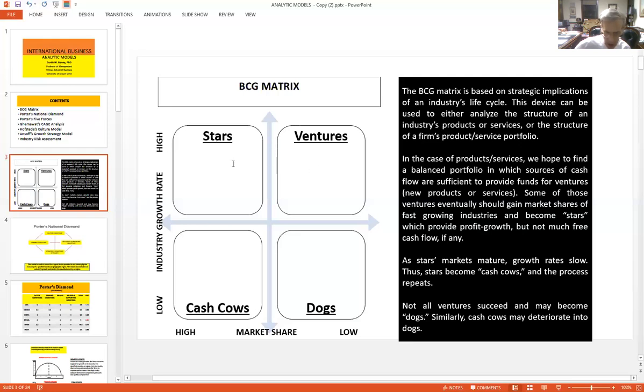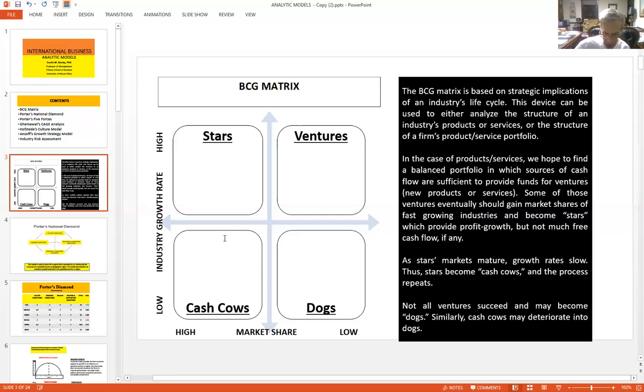Stars, of course, as the circle moves its way to the left, it becomes larger. Of course, an industry leader would have a great big circle. And then as it moves down, the circle size probably does not get smaller, but the significance of the product changes greatly, because the product is no longer growing very fast.